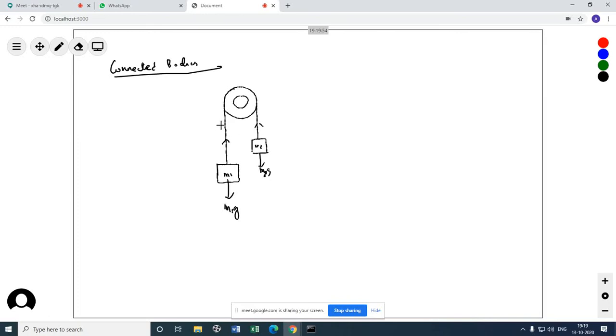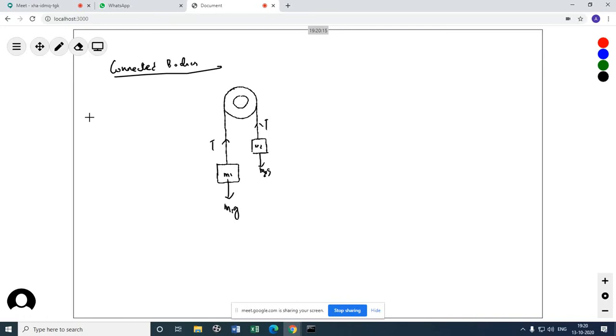This is the tension T. If this is T, this should also be T, because that is the tension in the string. Whichever the tension is, it will be the same.